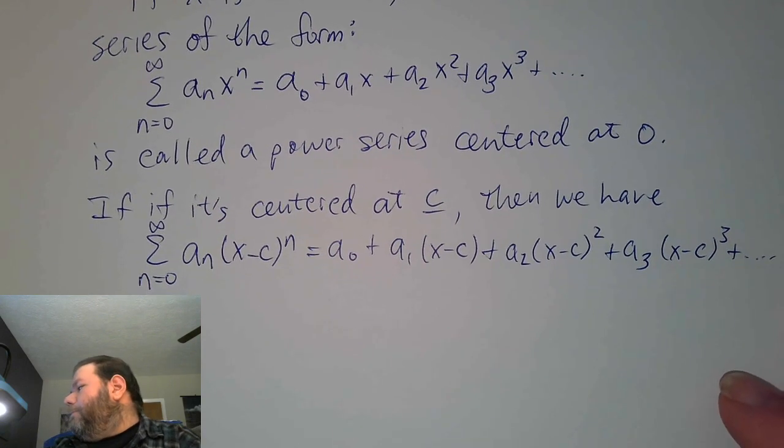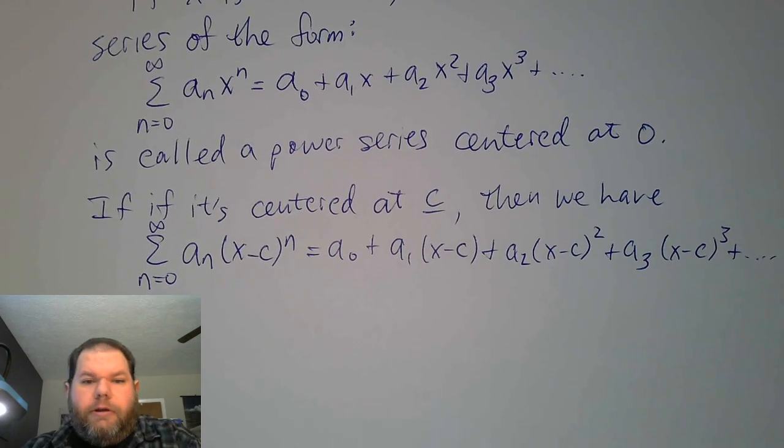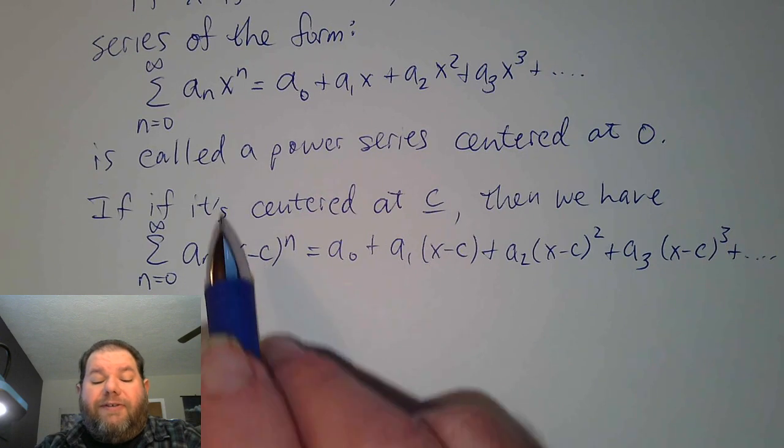The point being that we either have x or we have x minus c. X minus c is more general because it has a generalized value for c, but it could be centered at 0, in which case, if c is 0, that's just x.